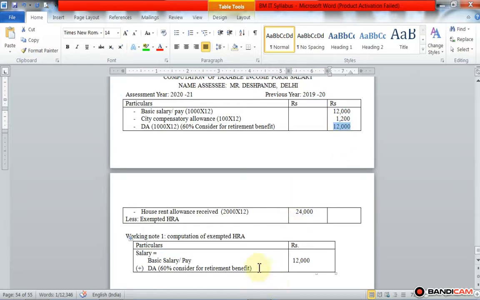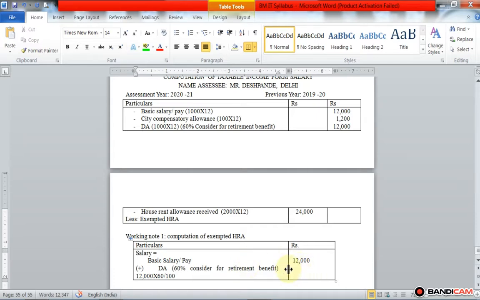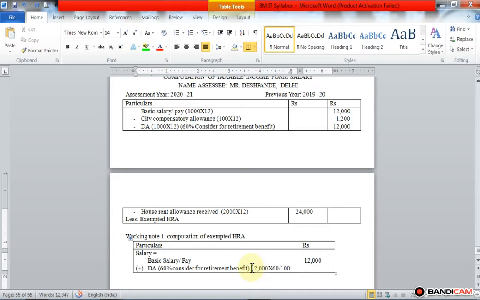So 60% on 12,000, so 12,000 multiplied by 60 divided by 100. So here 7,200.